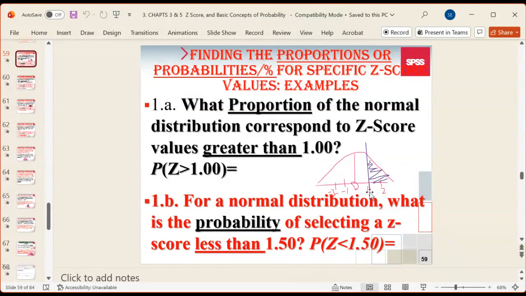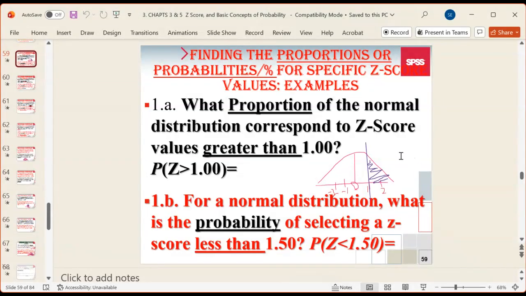So you draw that black line where the 1 is, but then it says greater than 1. I underlined that for you, so you pay attention to that. Greater means to the right, greater than 1. That means more than 1, 1.5, 2, 3, 4. So we are interested in the area to the right. We want to know the probability. What percentage is that area shaded in black?